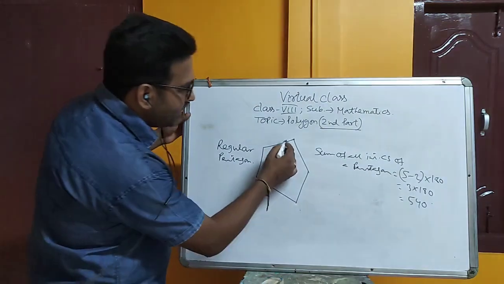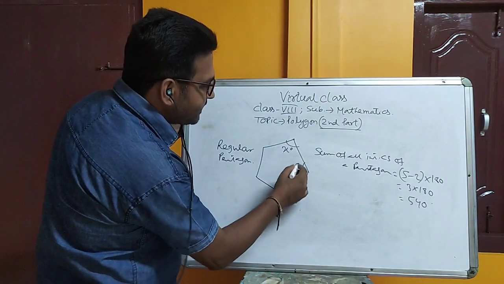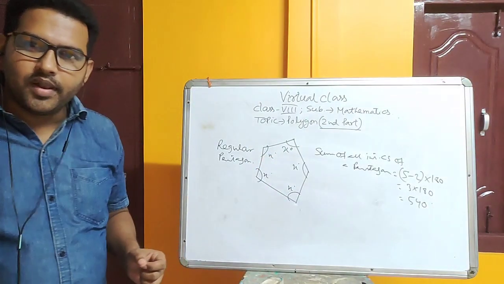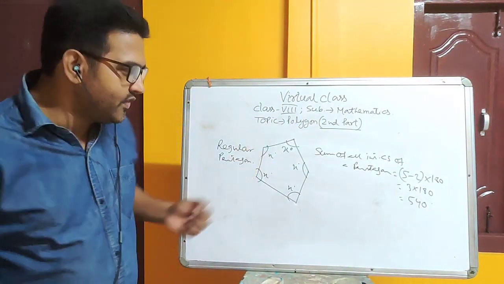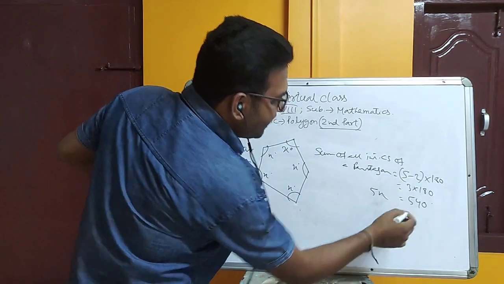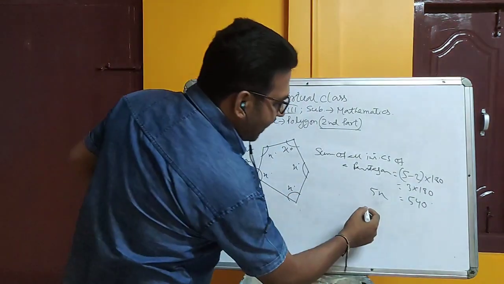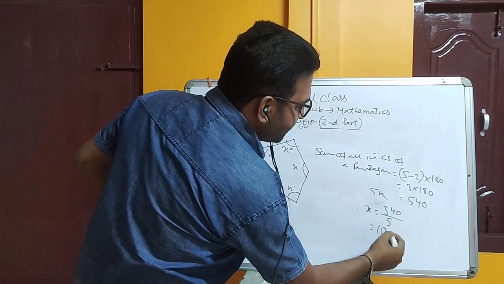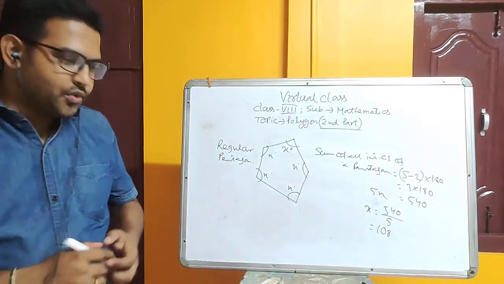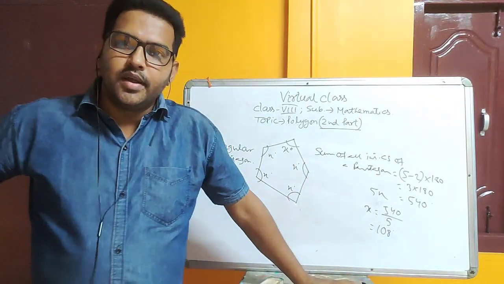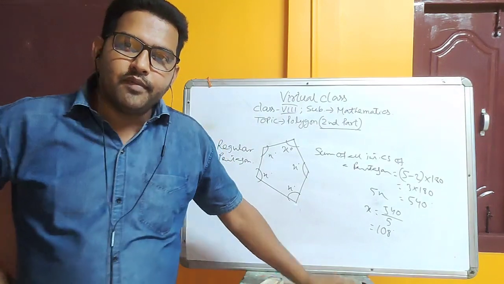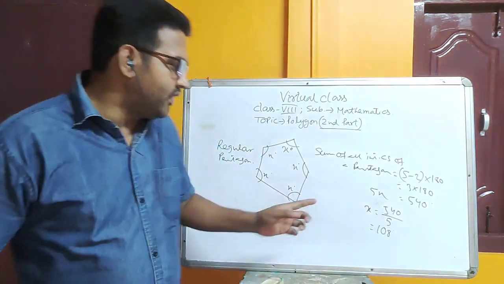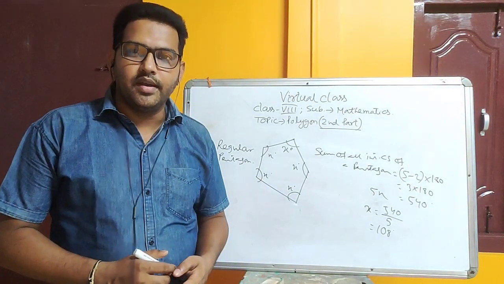So let me make each angle x degrees. Since all angles are equal, how many angles are there? 5. So I can easily write 5x is equal to 540 and x becomes 540 by 5, that is 108 degrees. So if you are asked in an exam to write the value of each interior angle of a regular pentagon, that is going to be 108 degrees.